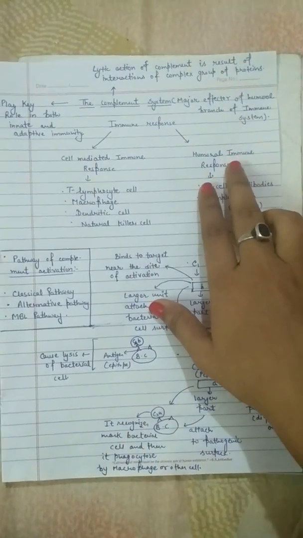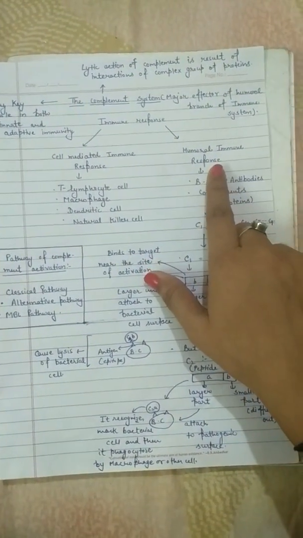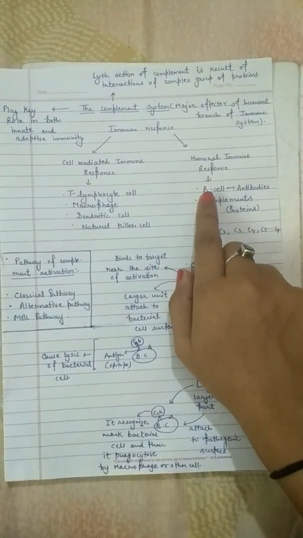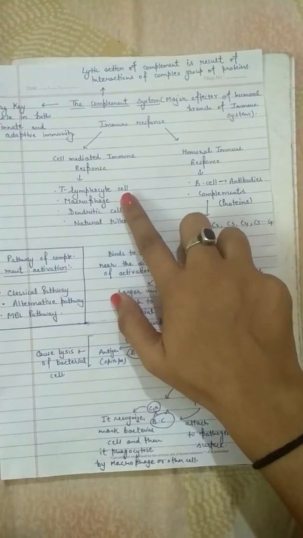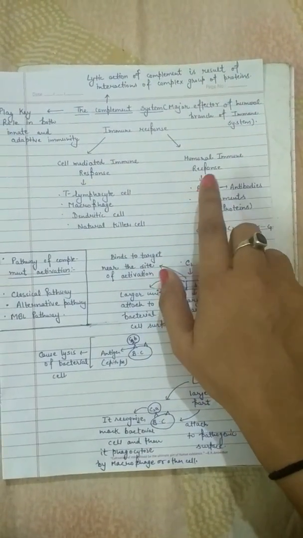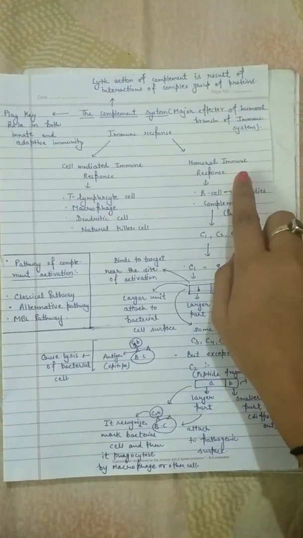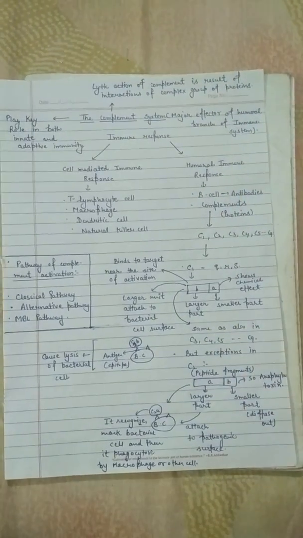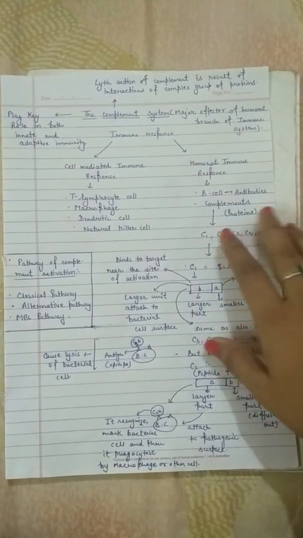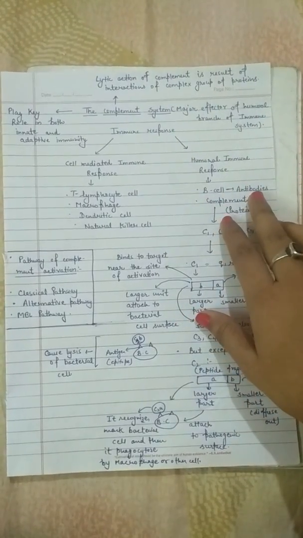The next one is the humoral immune response. The humoral immune response is activated with the help of B cells and complements. As we all know, T lymphocytes activate the B cells, and B cells produce plasma cells and effector cells. Effector cells directly work on the target cell and clear the pathogen, and plasma cells produce antibodies.